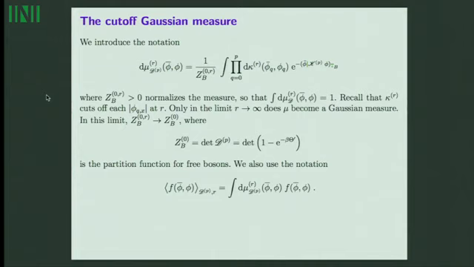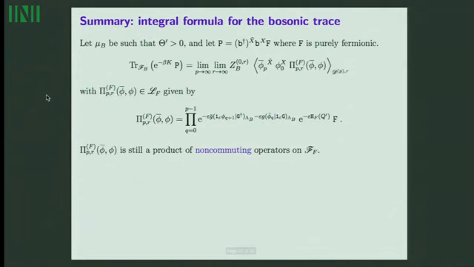So if we introduce the notation that this integral with this cutoff Gaussian measure is just this angular bracket with dp down there, then we can write the result in the following way. So the bosonic trace is given by some prefactor times this product of fermionic operators.